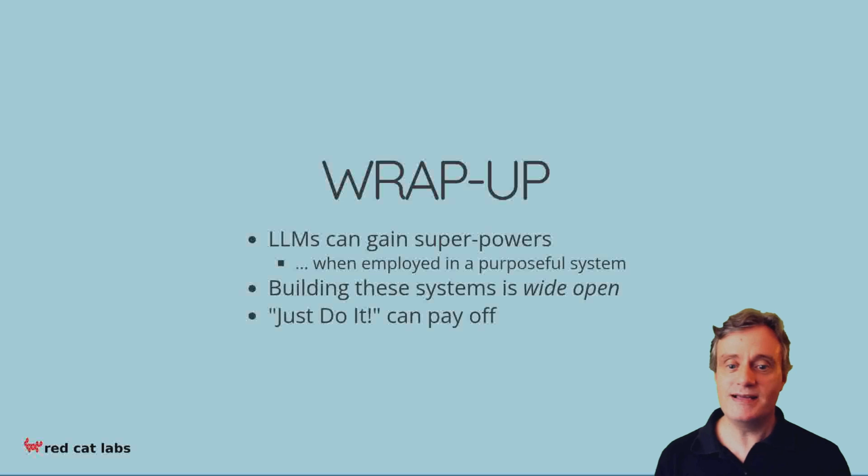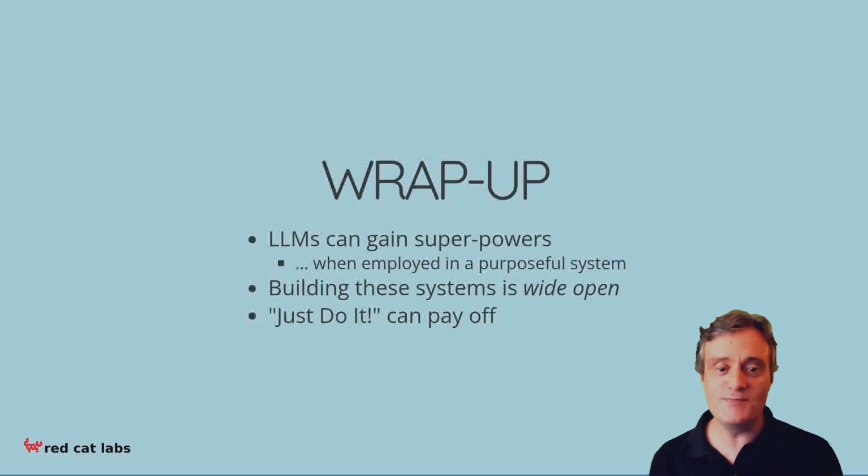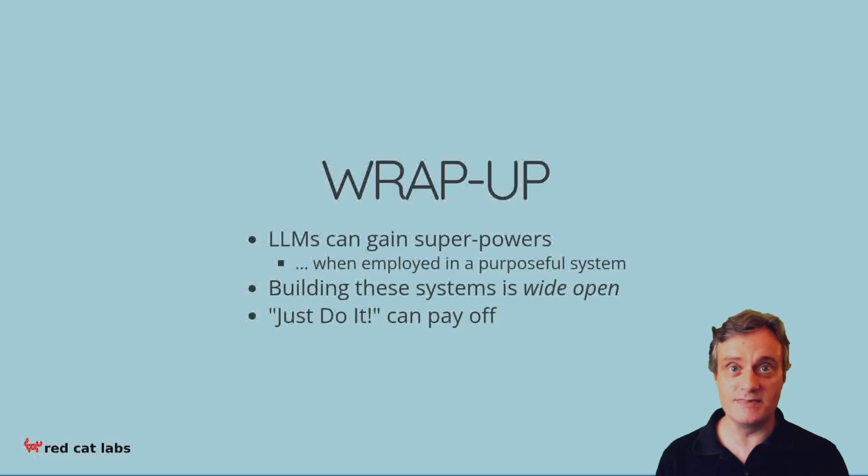So to wrap up, LLMs can gain superpowers, particularly when employed in a purposeful system. Building these systems is a wide open question. There's a lot of different variations, a lot of different ideas people can have. Using these things agentically is super interesting. It's a whole different mode from which they were trained.